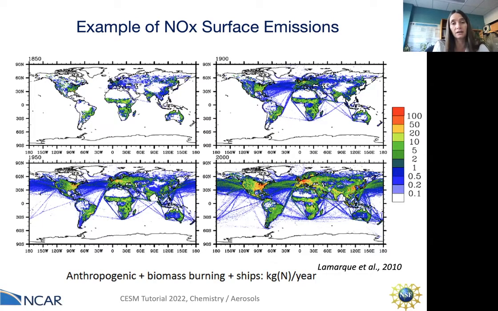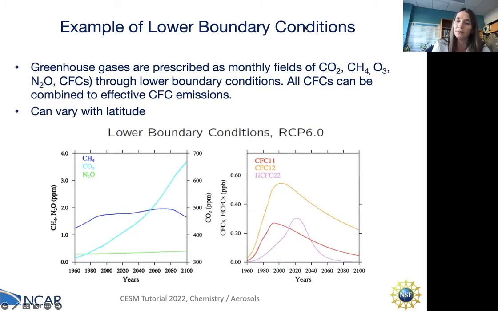And the other thing that I talked about was the lower boundary condition, or the concentrations that we basically constrain the model to, certain fixed greenhouse gases like CO2 and methane, because it's important, for instance, for CMIP6 or other model comparisons, that we do prescribe concentrations.